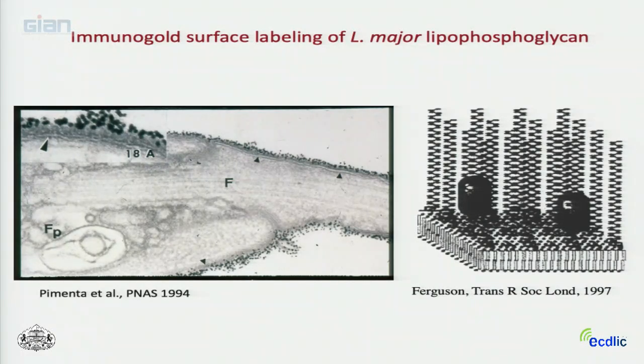So the entire cell, including the flagellum, has this tightly organized glycocalyx structure that is made up of millions of these GPI-anchored glycolipid structures. Okay. So what is the function of this LPG molecule?